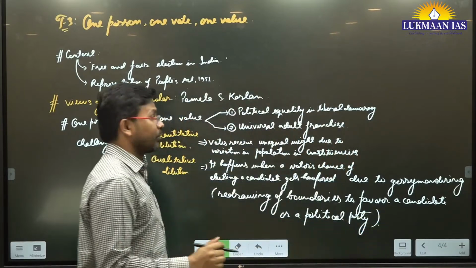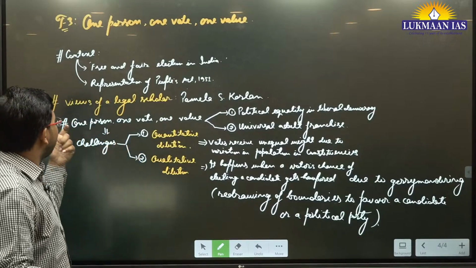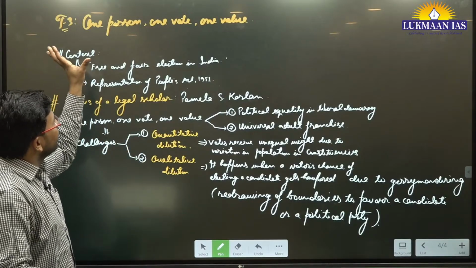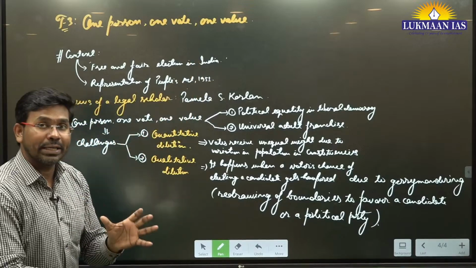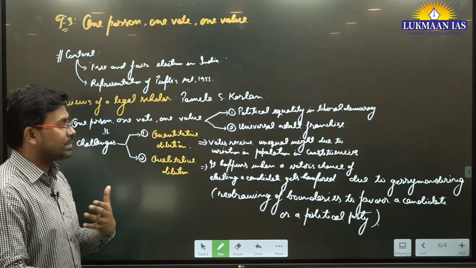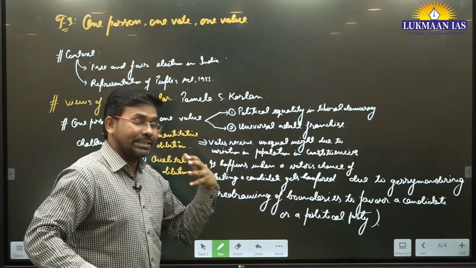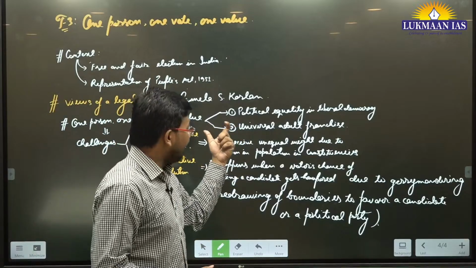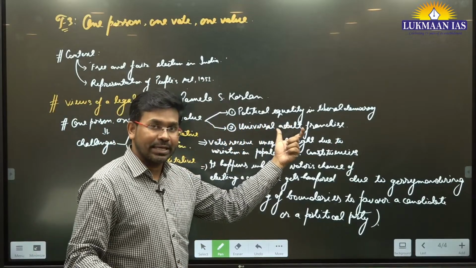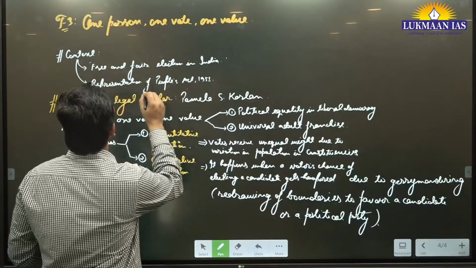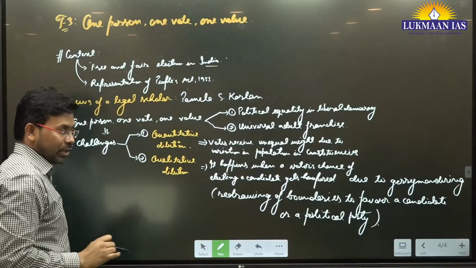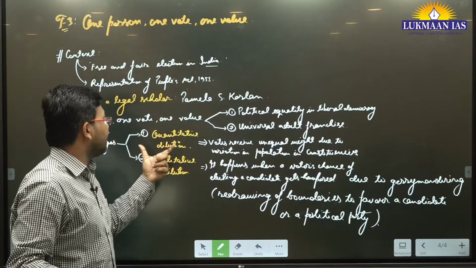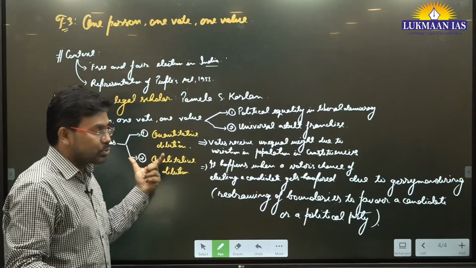In this article, they have mentioned that the concept of one person, one vote, one value is a very important concept in a liberal democracy, because it is an important instrument for exercising universal adult franchise, so that we can see free and fair elections in India. But there are challenges also: quantitative dilution and qualitative dilution.